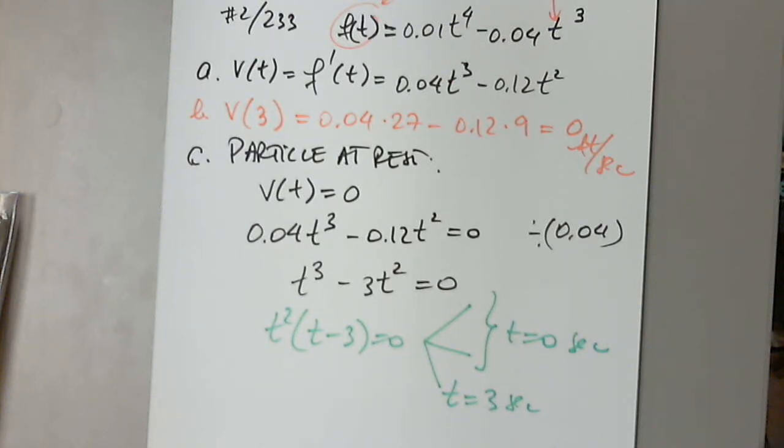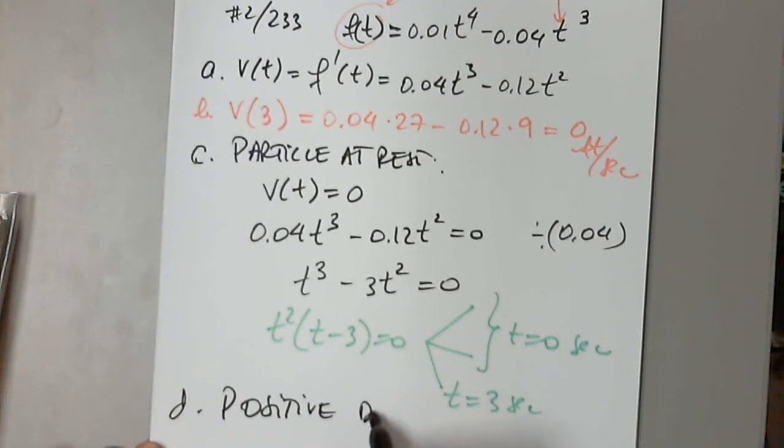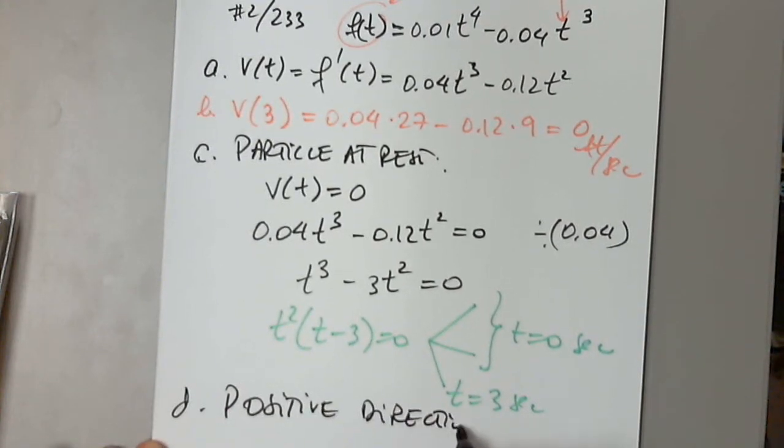Part D. When is the particle moving in the positive direction? So the particle starts moving, and if its velocity is positive, the particle moves to the right.